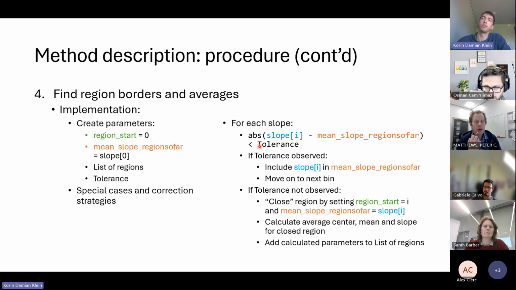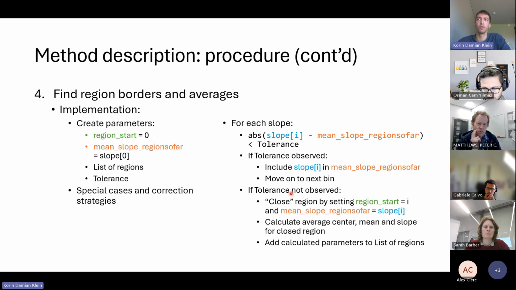If this difference is smaller than the tolerance, we include the slope in the mean slope of the region so far, which then serves as a new mean slope, and we move on to the next bin.